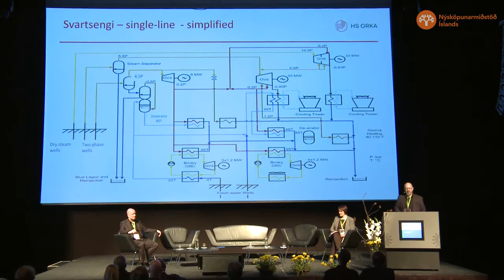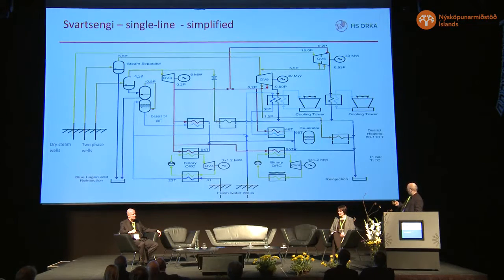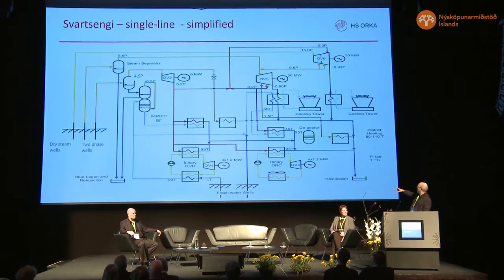This is a simplified diagram of the Svartsengi power plant. On your left are the geothermal wells. We start with the wells. We go through separators and pipelines and moisture separators, not shown, to turbines, to heat exchangers, to binary organic Rankine systems, and cooling towers, and re-injection.